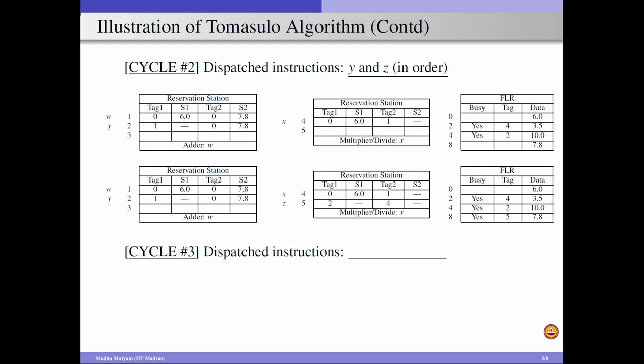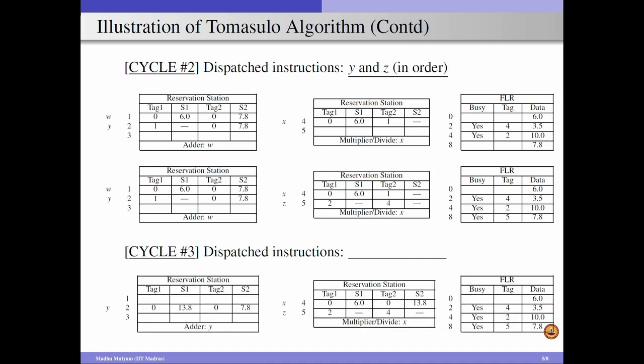because there are no more instructions to dispatch, we are not dispatching any more instructions. But our first add instruction is issued in cycle 1 and the adder has a 2-cycle latency. So as a result, in the third cycle the add operation is completed. The add operation is computed on 2 operands, one is 6.0 and the other one is 7.8.